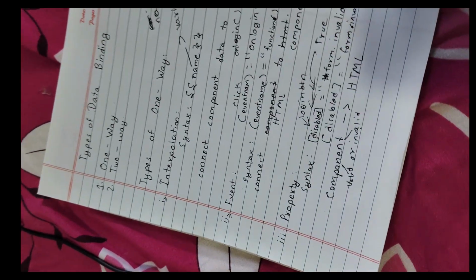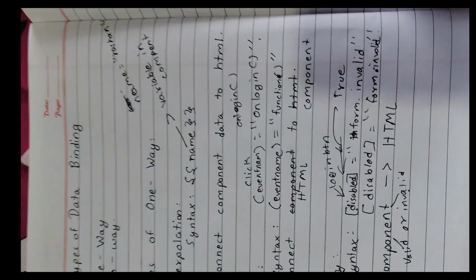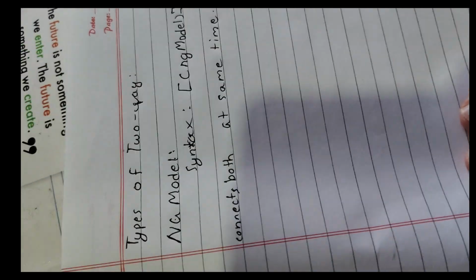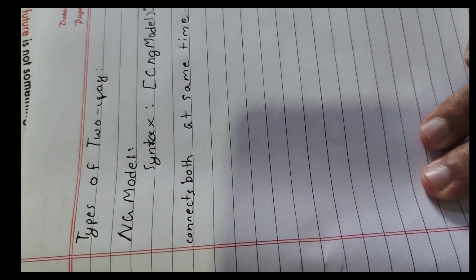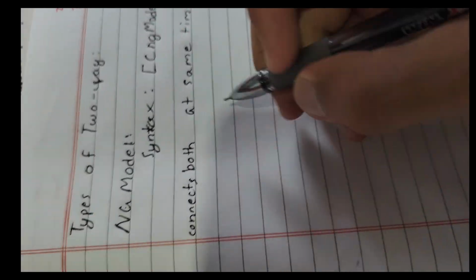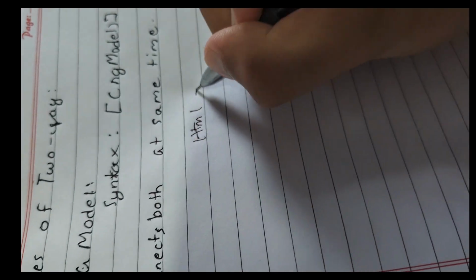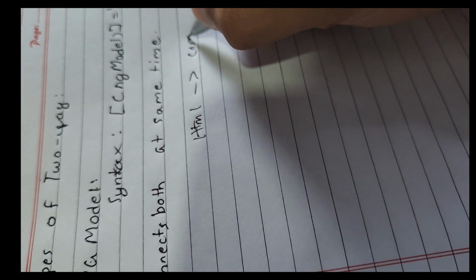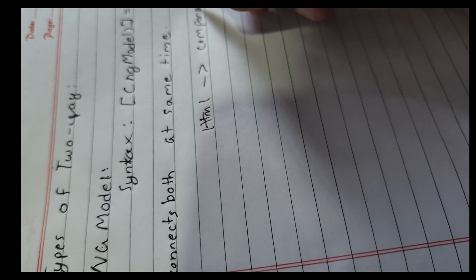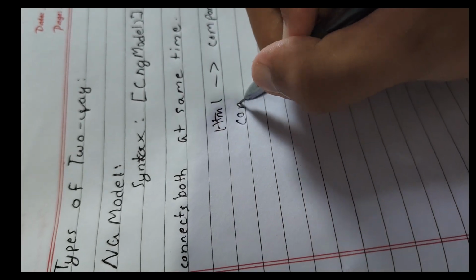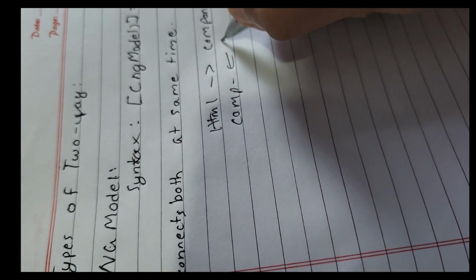Those are the types of one way binding, they are finished. Now we see two way binding. Two way binding means both at the same time: HTML to component and component to HTML.